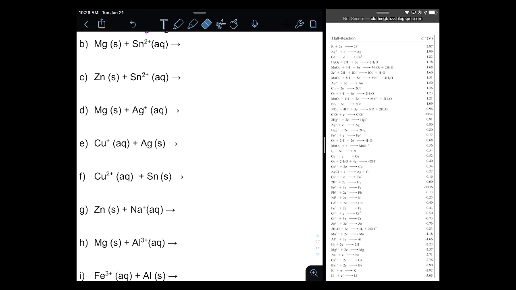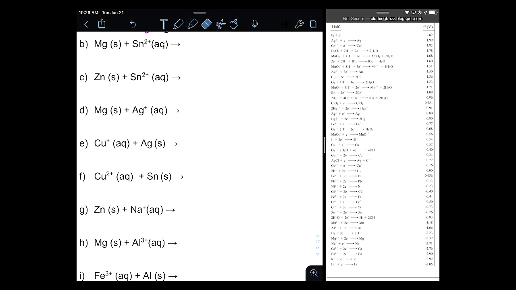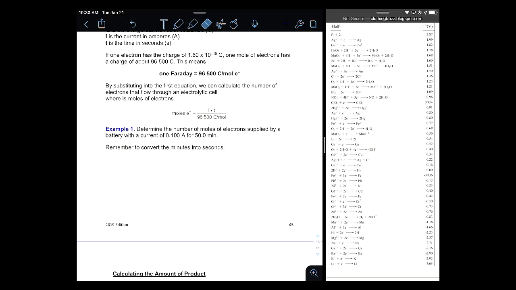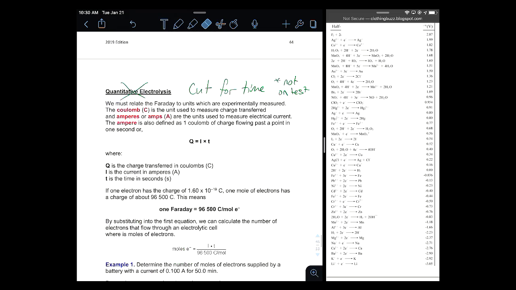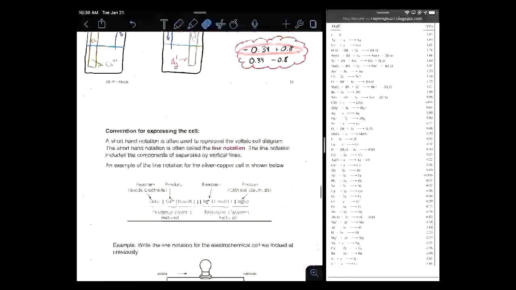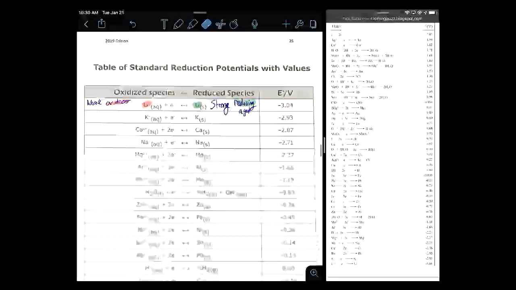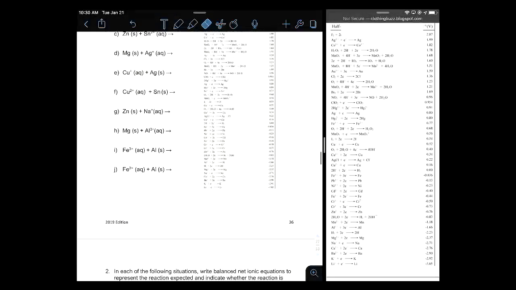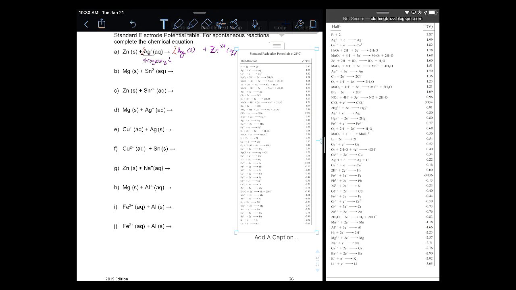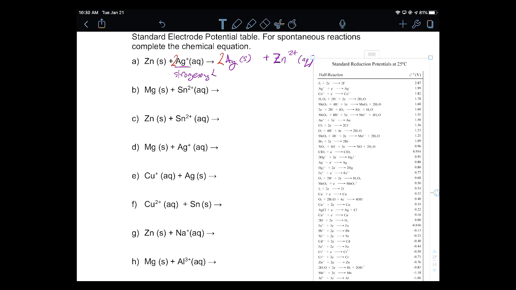So for example, right at the top of this table, we see fluorine. And fluorine is a very strong oxidizing agent. It steals electrons very well.